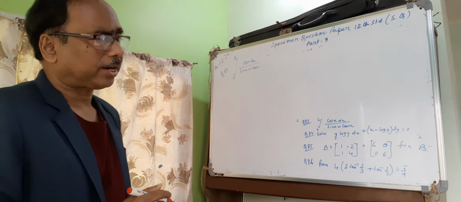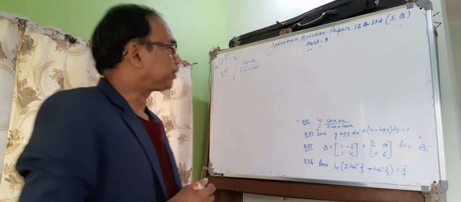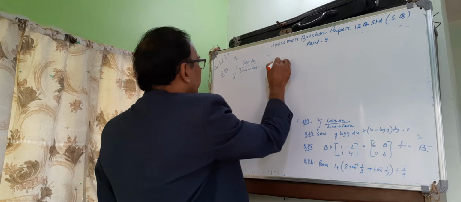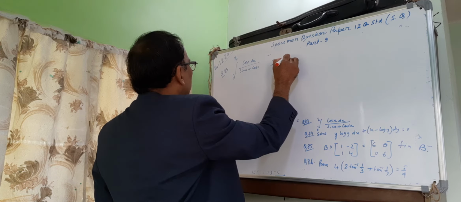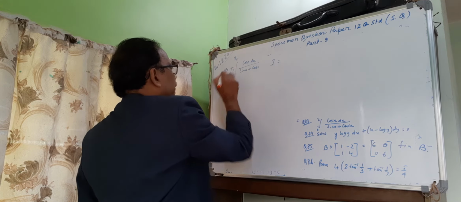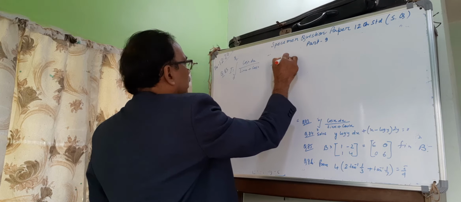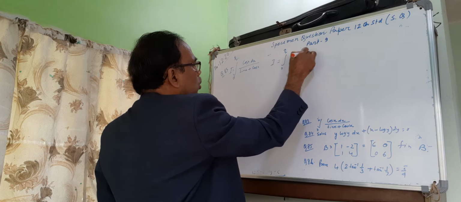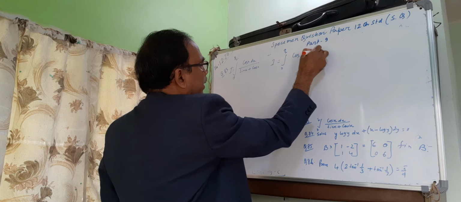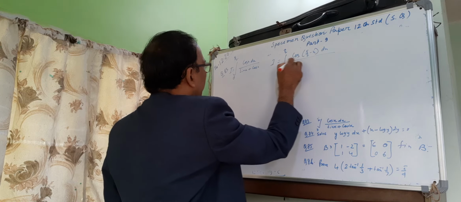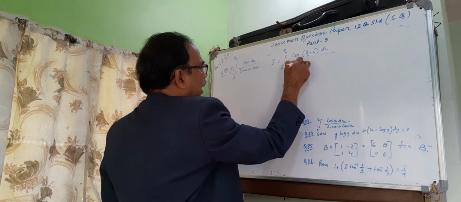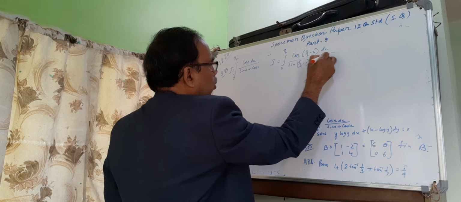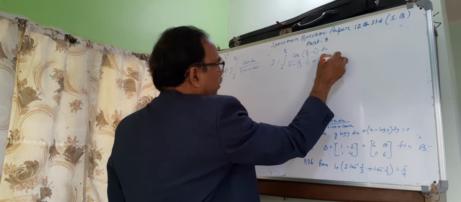It is a definite integral sum using a property of definite integrals. Let this be I equals the integral from 0 to pi by 2 of cos(pi/2 − x) dx by [sin(pi/2 − x) + cos(pi/2 − x)].